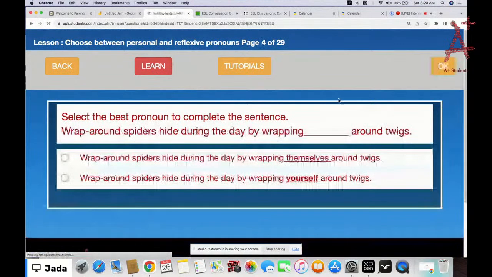Next: wrap-around spiders hide during the day by wrapping dash around twigs. Wrapping themselves or wrapping yourself? It's "themselves." Great.